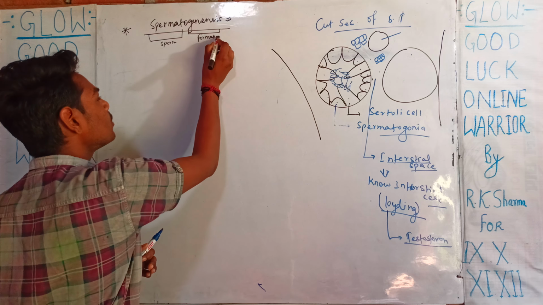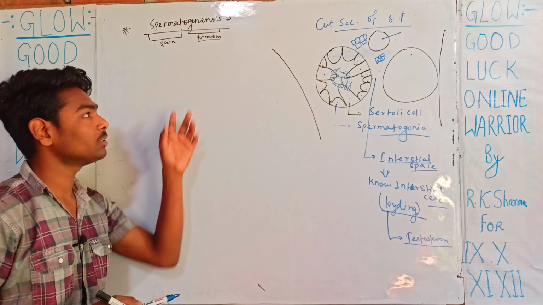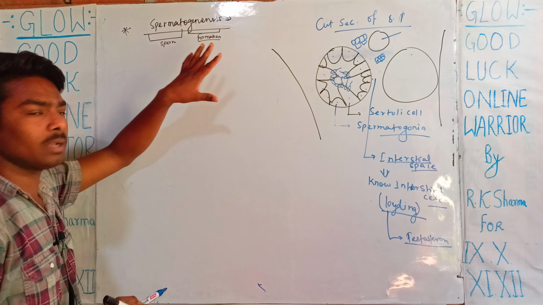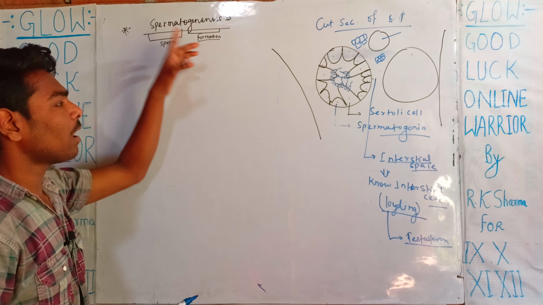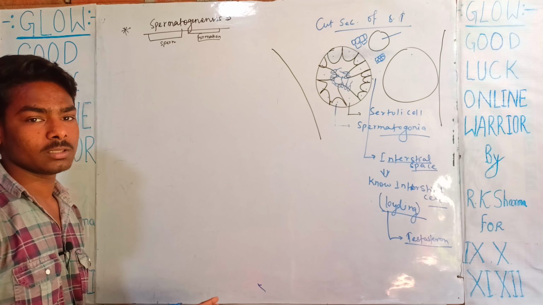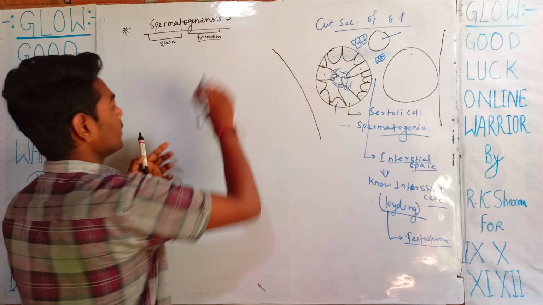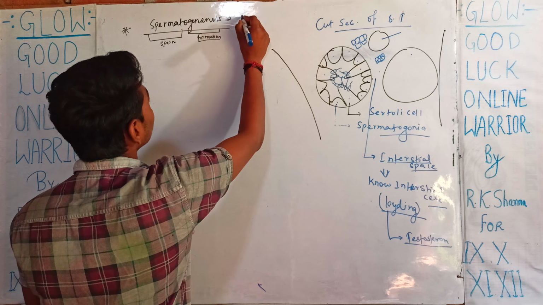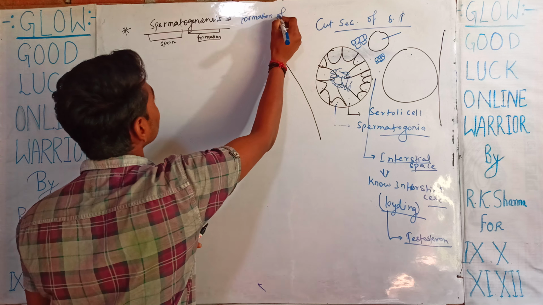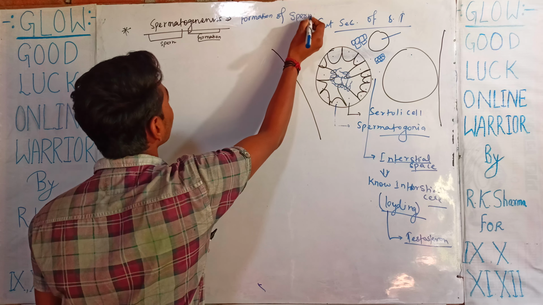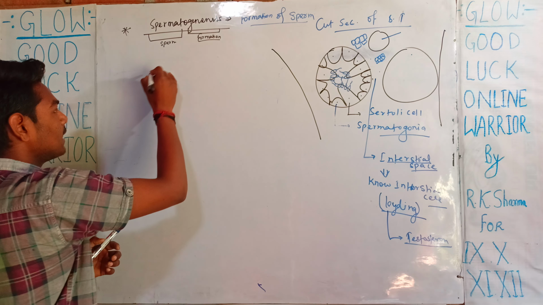Whenever you see genesis with any word, you automatically understand that something is being formed. So the formation of sperm is called spermatogenesis, and we are going to discuss how it forms. So let's write: formation of sperm.